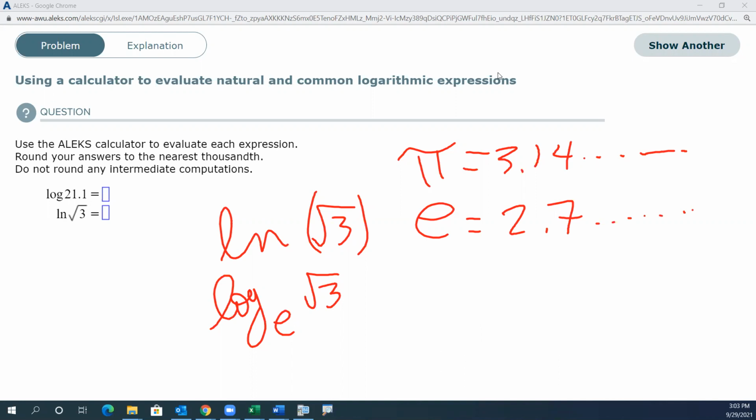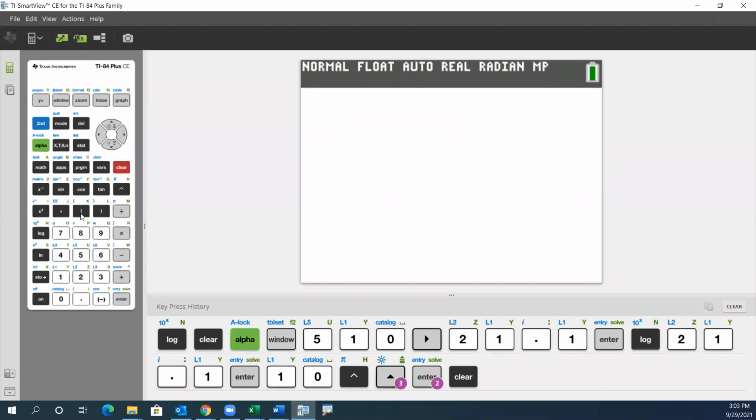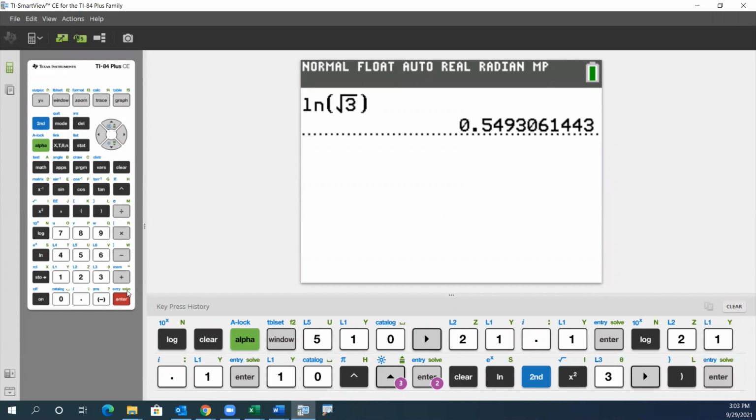Okay. Now on the calculator, we got the ln button right here, and we could say, all right, ln of square root of 3, and we get that. So just like on the last one, if we do the base, e, raised to this power, that should give us square root of 3. Well, let's try it. Notice right above the division sign is the e button.